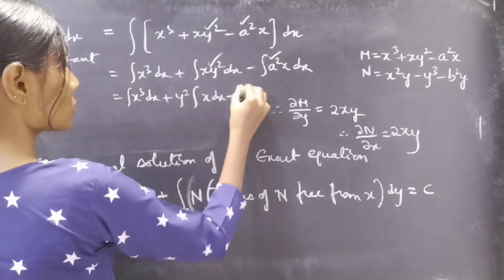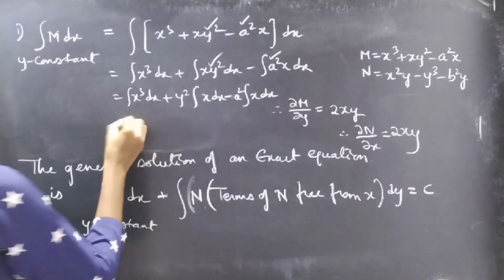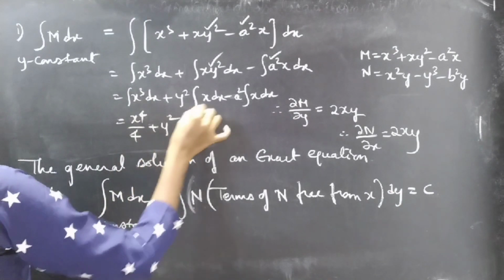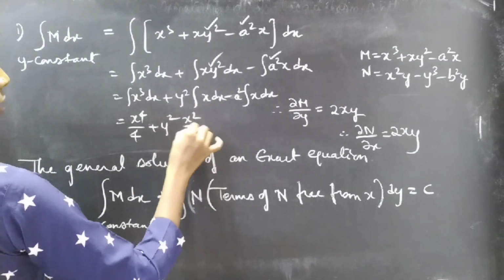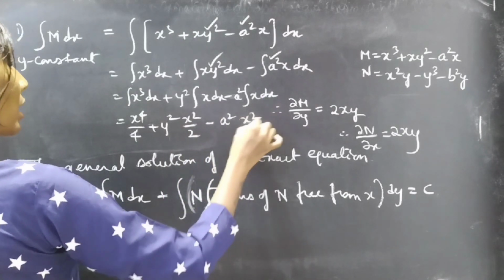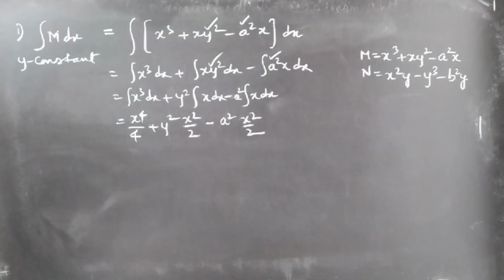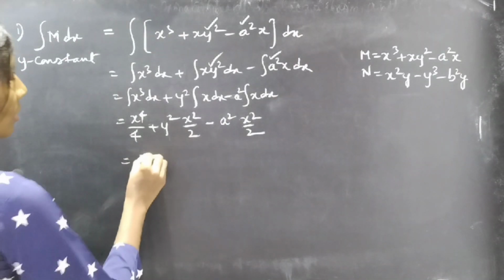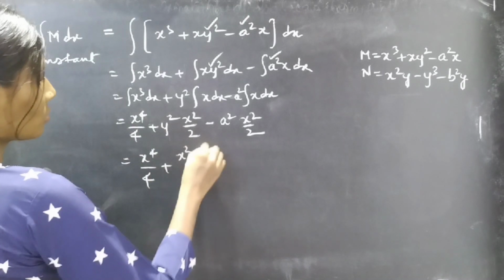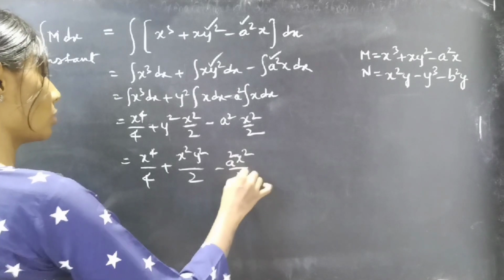You'll get minus a square times the integral of x dx, which gives us x power 4 by 4 plus y square into x square by 2 minus a square into x square by 2. Or we can write this as x power 4 by 4 plus x square y square by 2 minus a square x square by 2.